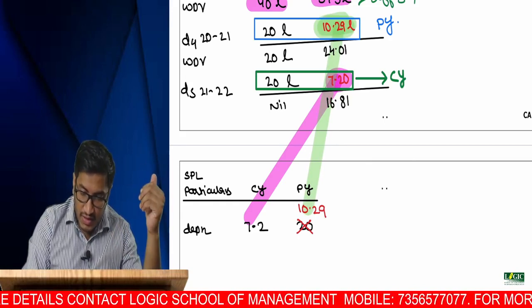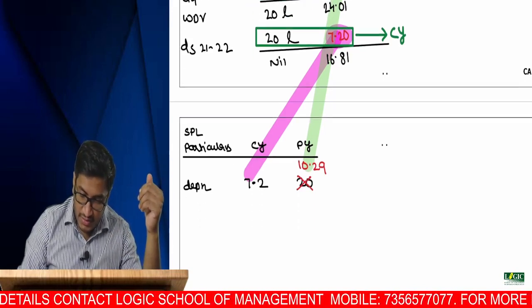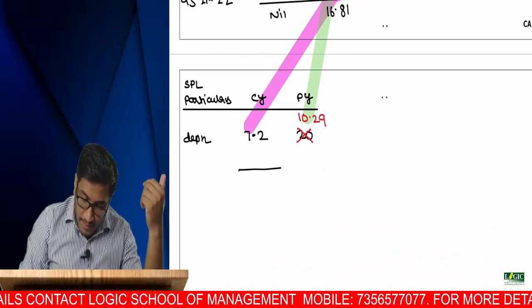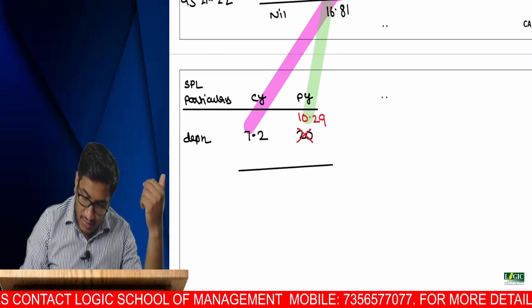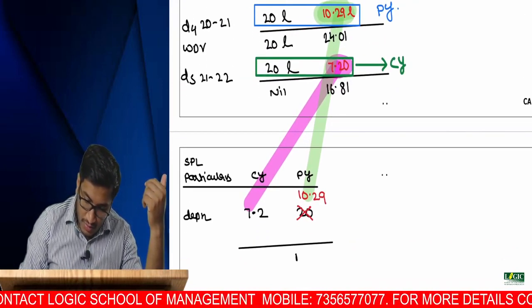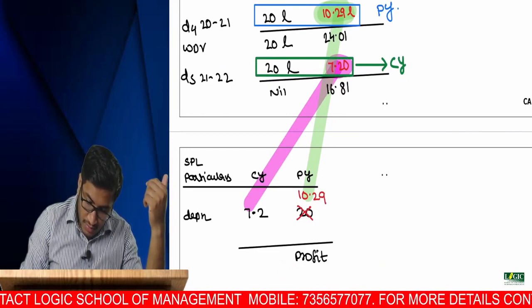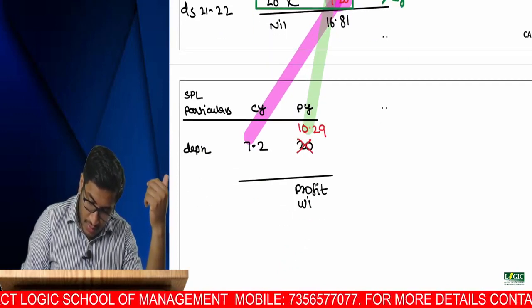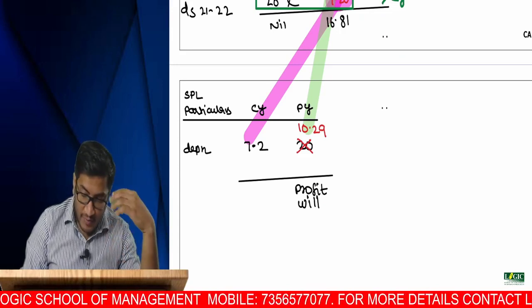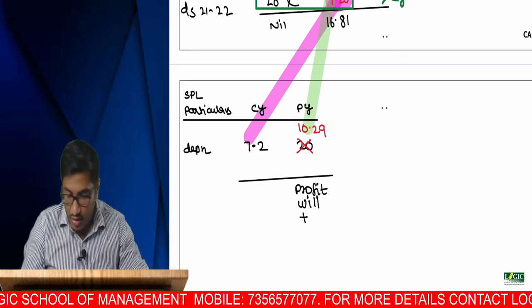Because of this, my previous year profit will, instead of 20, I've written 10. So my previous profit will increase by how much?